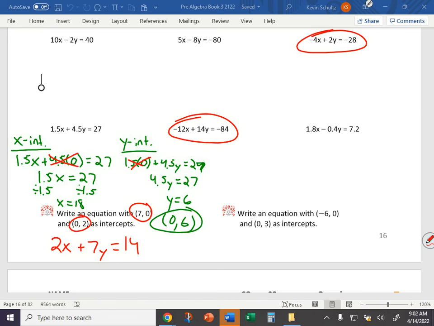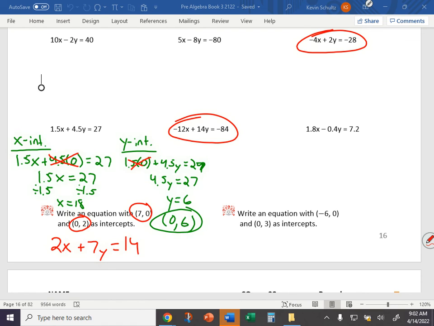Any others you want to talk about before we sign off? Blake. So at the top, left one, do you erase, so does it become negative 10, or do you erase the minus? You're talking about 10x minus 2y equals 40. So if you're solving for the x-intercept, you make y 0. Is that what you're asking about? Yeah.